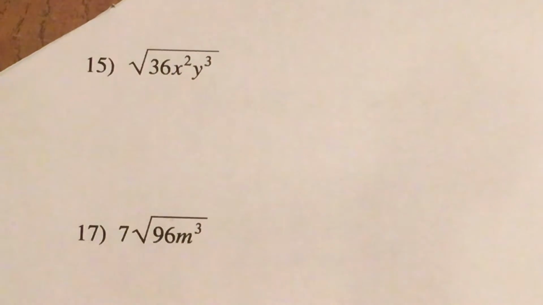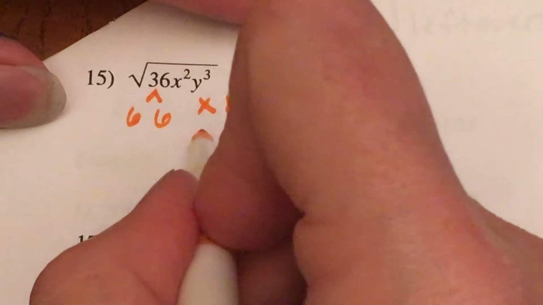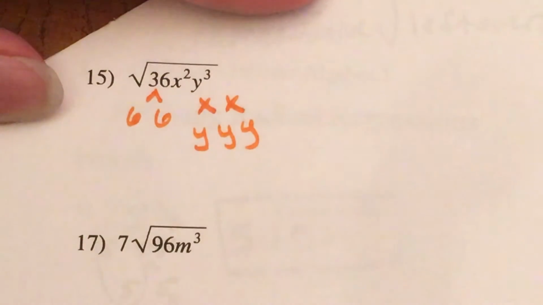Let's look at 15. So 15 is just like what we did a moment ago. 36, we know 36 comes from 6 and 6. I have a couple of X's and I have 3 Y's.